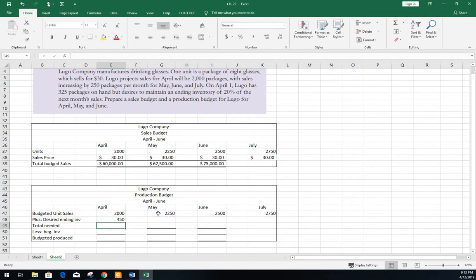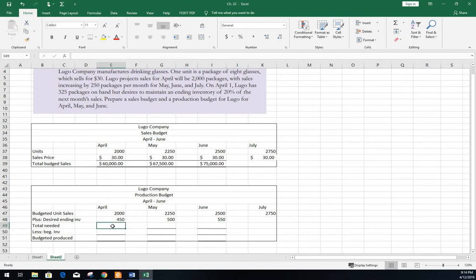And this is equal to 0.2, 20% times the next month's sales. And this is equal to 20% times the next month's sales, and that's why we have to have July. And we're not going to fill one out for July because we don't know August.